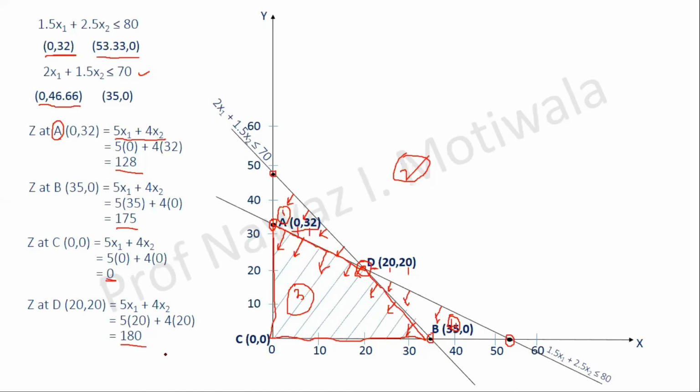Now observing all the values of Z, you can observe that the highest value we are getting is at D, that is 20, 20, and the answer is 180 units or 180 rupees because we are finding the profit. So what will be my conclusion?